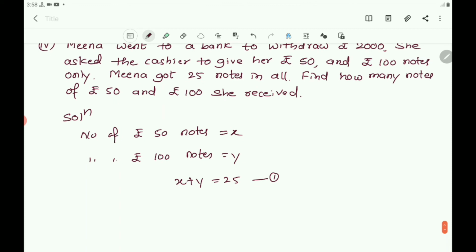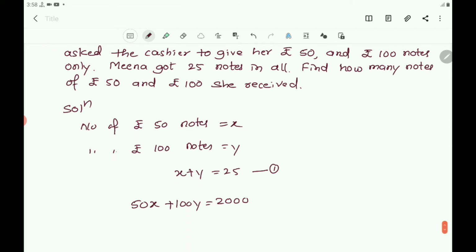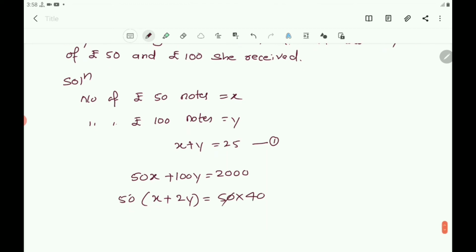So here, the amount of 50 rupees notes is 50 into X plus the amount by 100 rupees notes is 100 into Y. Total amount is how much? That is 2000 rupees. Then here you can take 50 common, then it becomes 50 into X plus 2Y, that is equal to 50 into 40. So 50 cancels, then you will have the relation X plus 2Y is equal to 40. This is the second one.